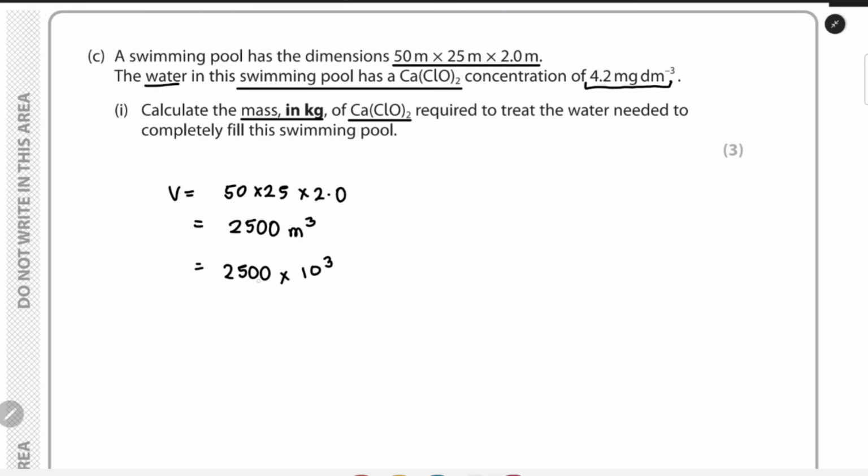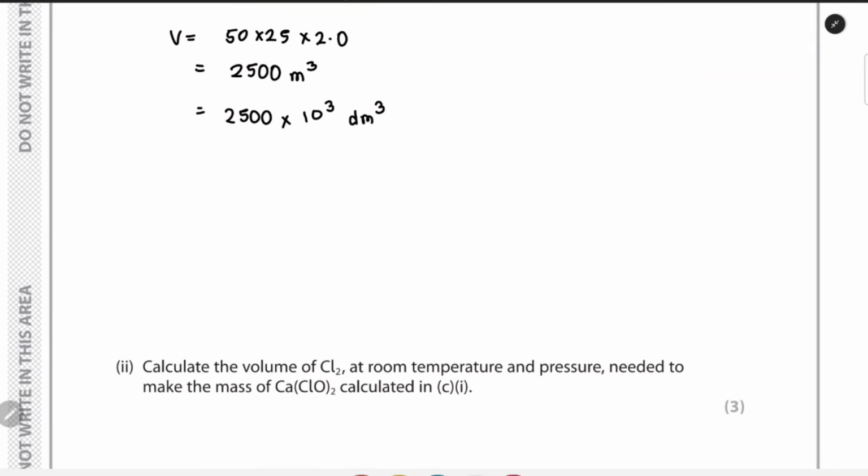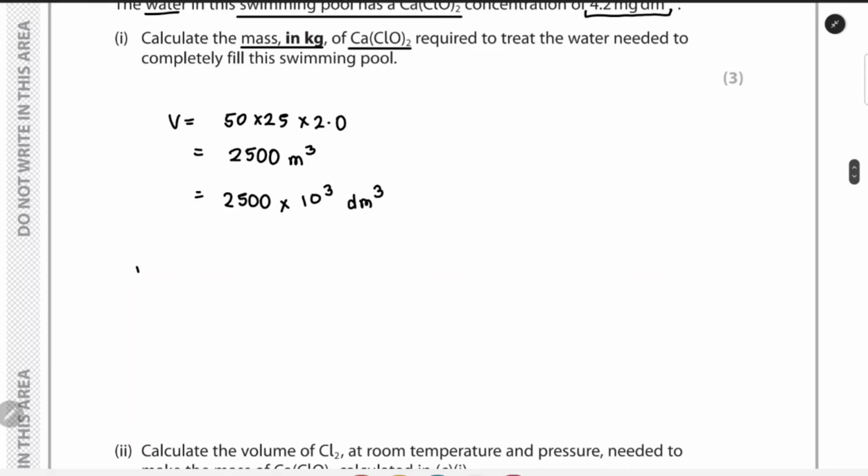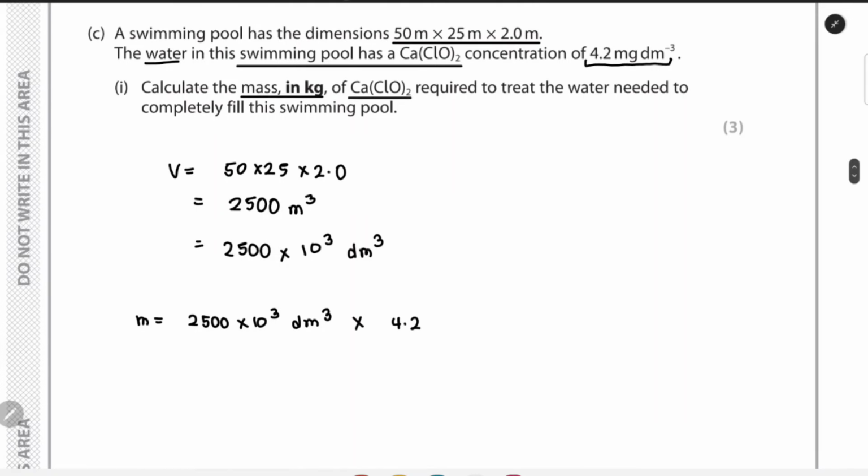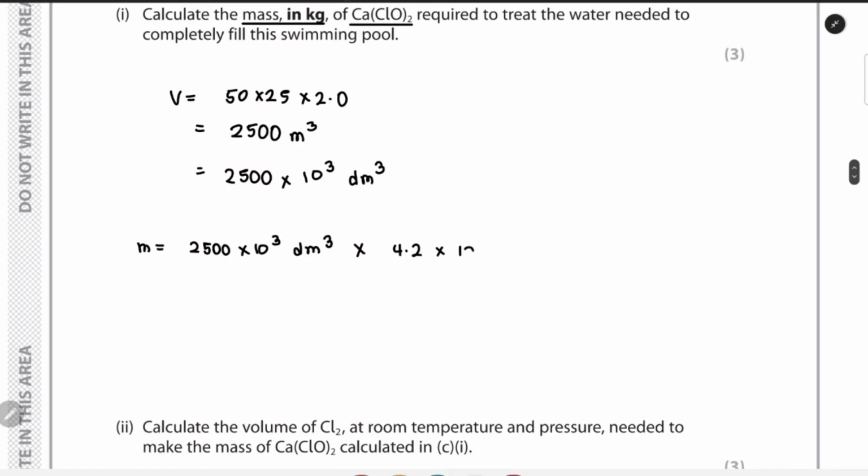So this will be 2500 times 10 cubed dm cube. Now I have the volume and the concentration, so I can find the mass from it. This would be 2500 times 10 cubed dm cube multiplied by 4.2. This is in milligrams. I want this in kilograms, so we have to multiply by 10 to the power minus 6 over here. So this would be 10.5 kg.